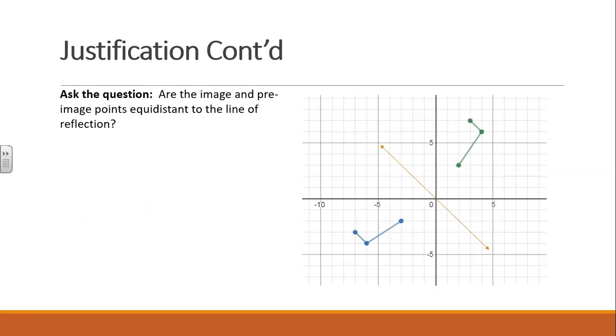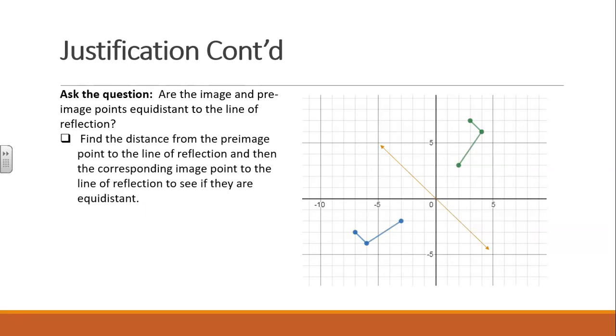So going back to our problem, are the image and pre-image points equidistant to the line of reflection? Let's check. We're going to find this distance by using the Pythagorean Theorem. So I'm going to draw triangles to my line of reflection, measure the distances so I can use the Pythagorean Theorem.